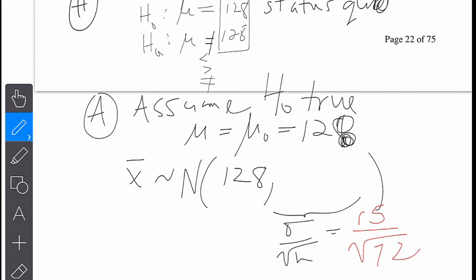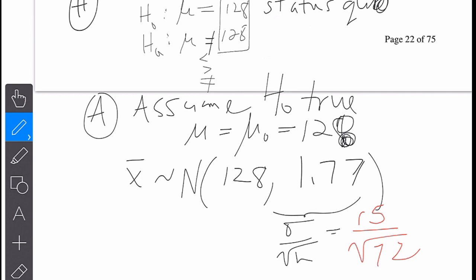And when you calculate that, you should practice calculating that because it's not exactly straightforward. So make sure you can punch that in. And I get 1.77. Okay. So that is my second step done.